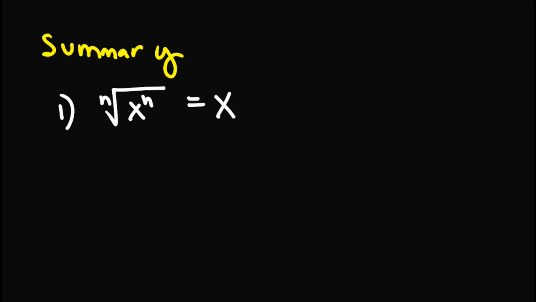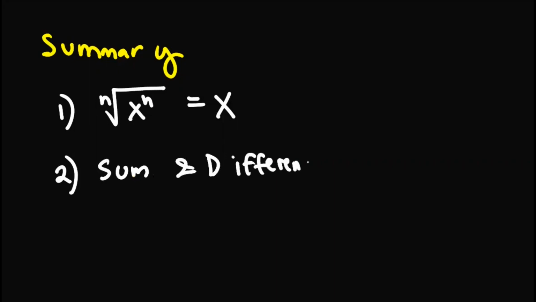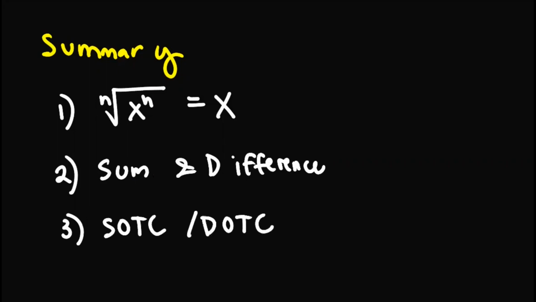So we must find a way to multiply a certain factor to make this one the case. So this is for monomials, or just one radical in the denominator. Now for binomials, we take note of the sum and difference technique, or the sum of two cubes or difference of two cubes.